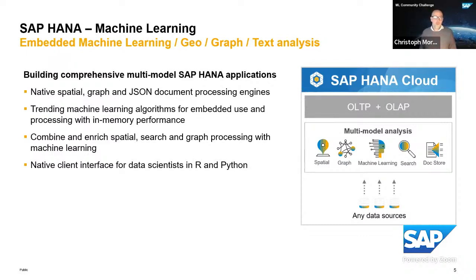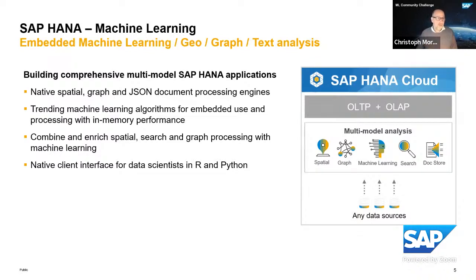And you can build your applications on BTP, on SAP HANA Cloud, for example, and directly infuse them with those advanced capabilities without the need to add another spatial application server or machine learning infrastructure. It's all part of HANA Cloud in the first place, and that's why it makes it so attractive to apply machine learning scenarios directly with SAP HANA.